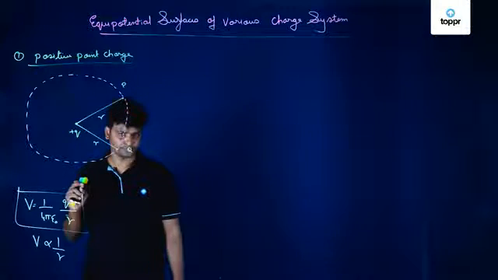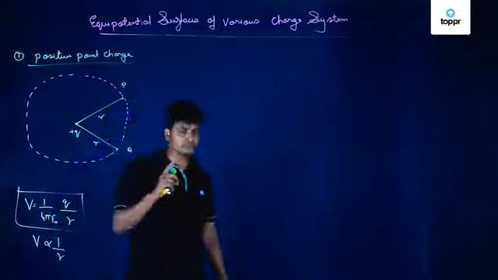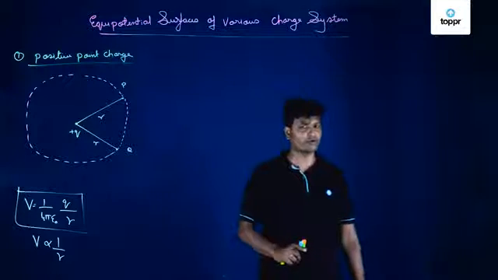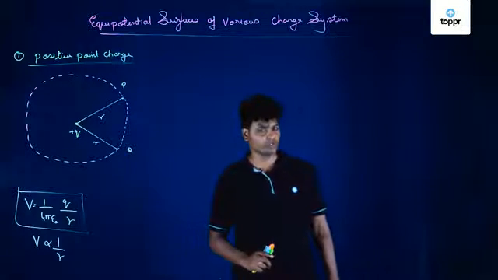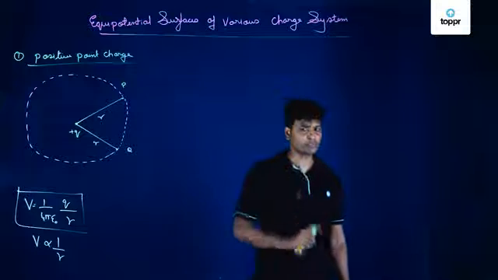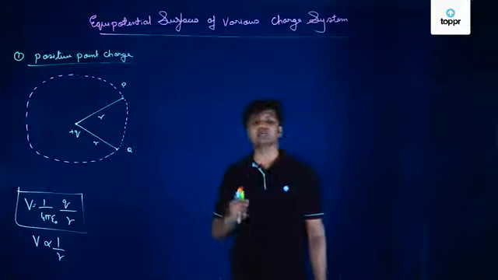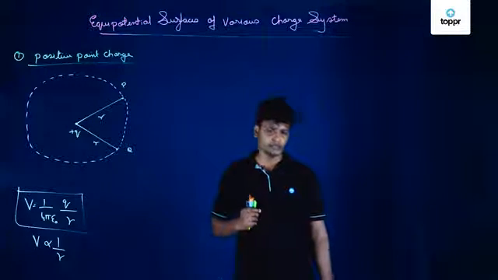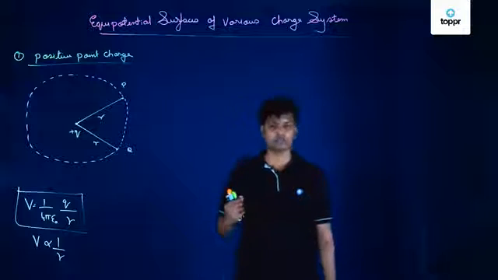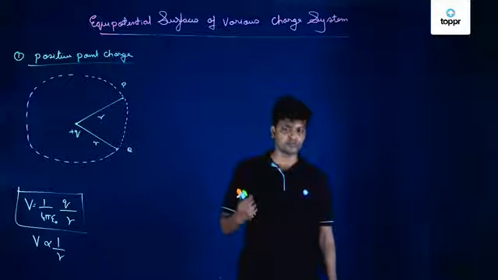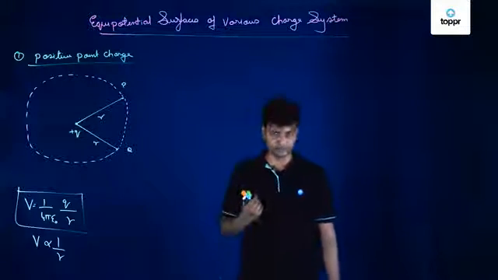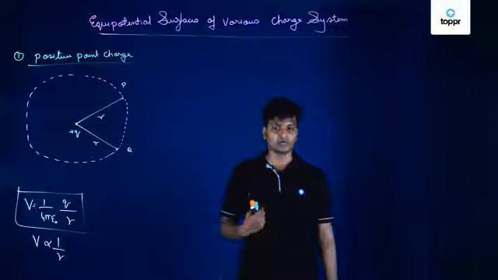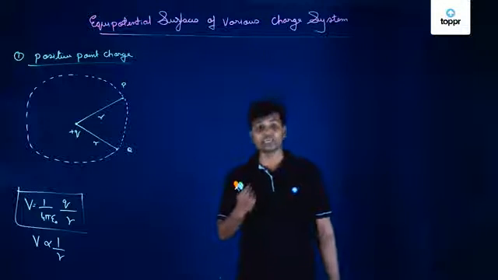So this is nothing but an equipotential surface. Now if you remember the first property that we have learned in equipotential surfaces, the first property says that if a charge is made to move from one point to another point on an equipotential surface, work done is equal to 0.